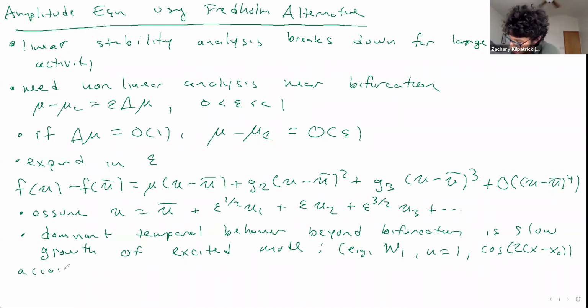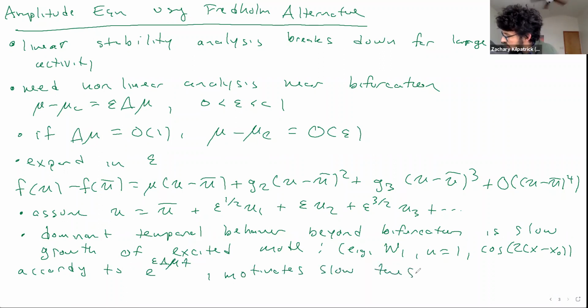And according to e to the epsilon delta mu t, okay? And this motivates the slow time scale tau equals epsilon t, okay?